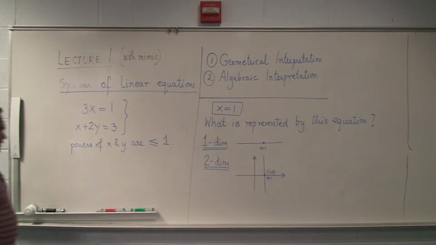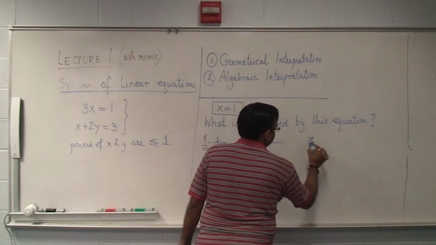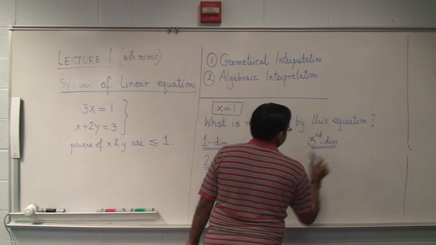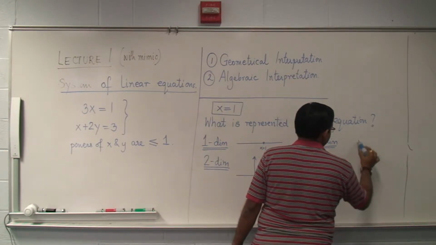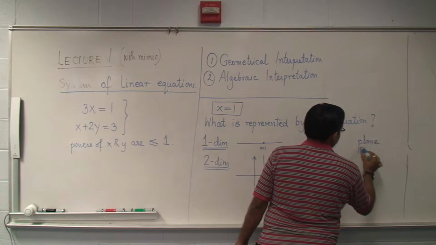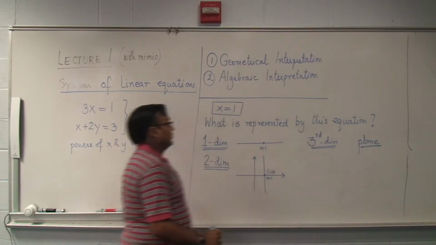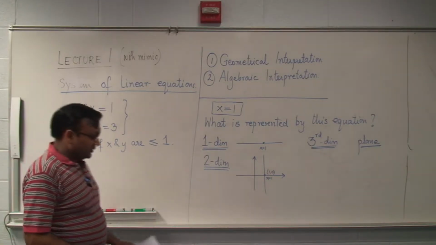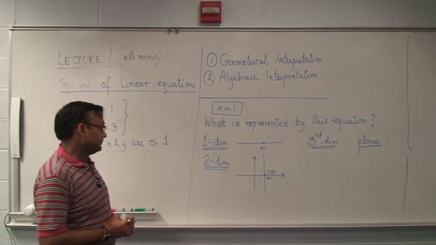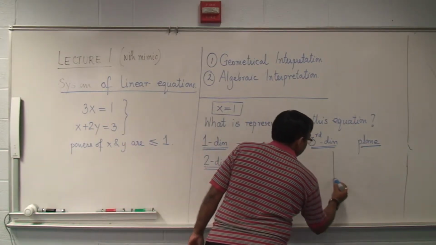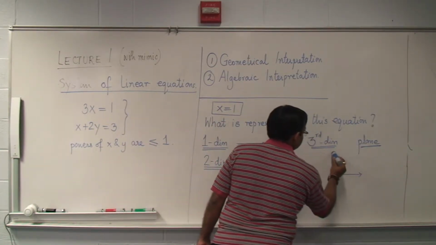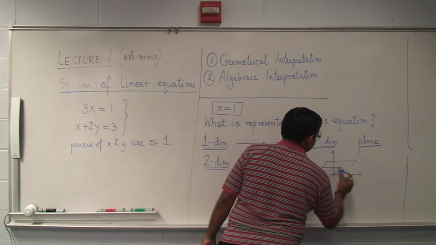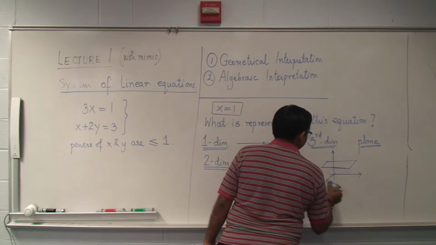In fact, if I go into the third dimension, then x is equal to 1 will represent a plane. So it's no longer a line, it's a collection of lines, if I may say so. The best we can say is that x is equal to 1 is an equation which represents a geometrical object, depending on the dimensionality of the space we live in.